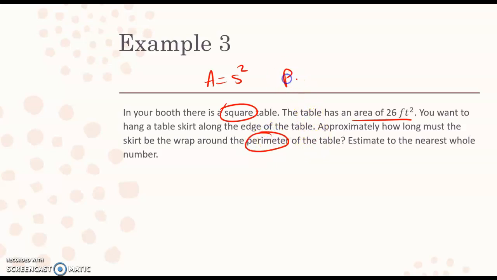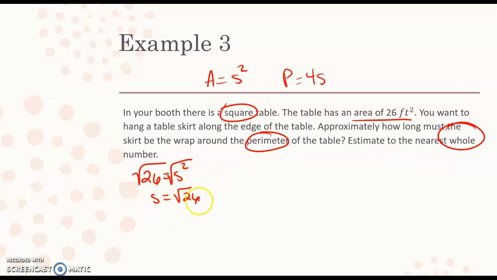So perimeter is going to be 4 times our side length. So first we have to find a side length. I know my area is 26 feet. That equals side squared. The inverse operation to squaring something is to square root it. And so the side is equal to the square root of 26. I'm estimating to the nearest whole number.